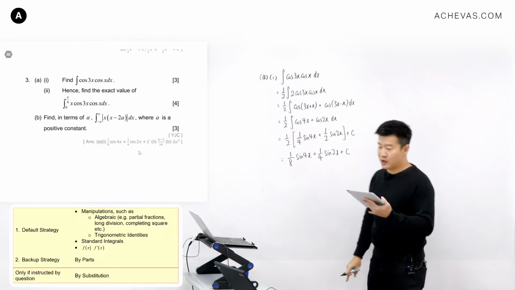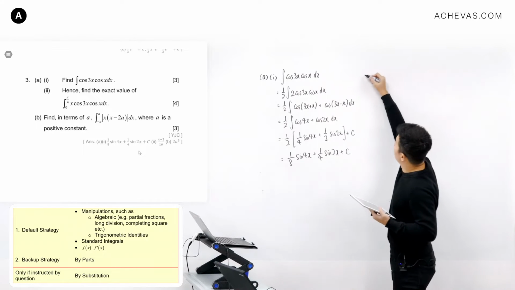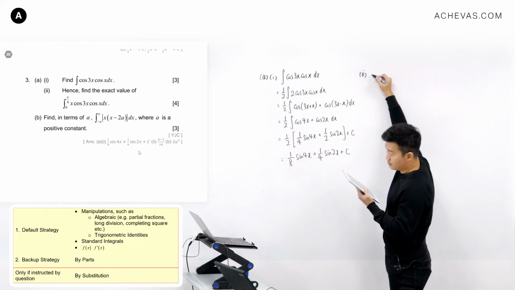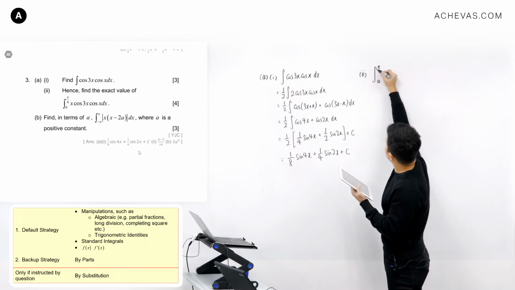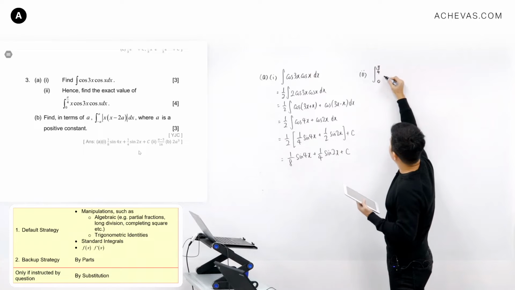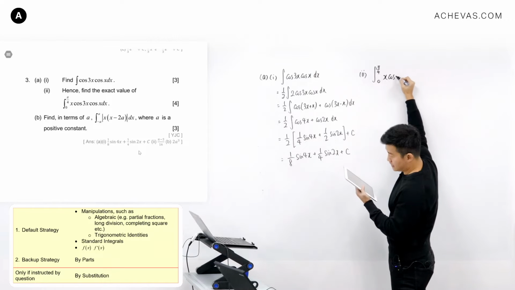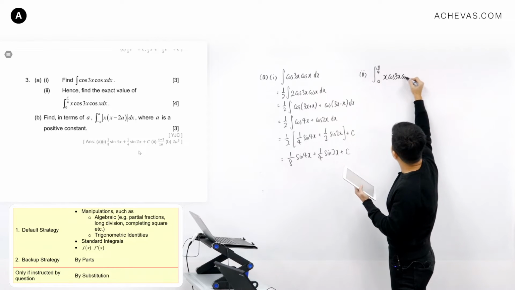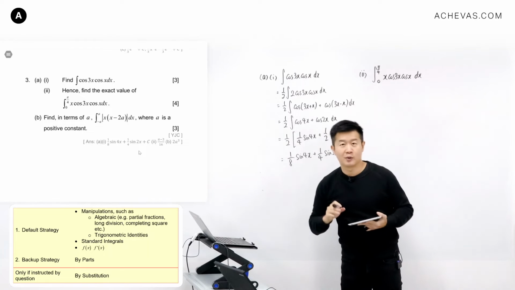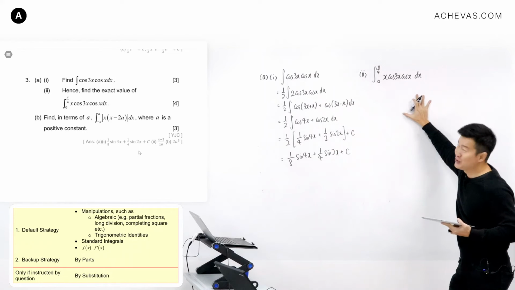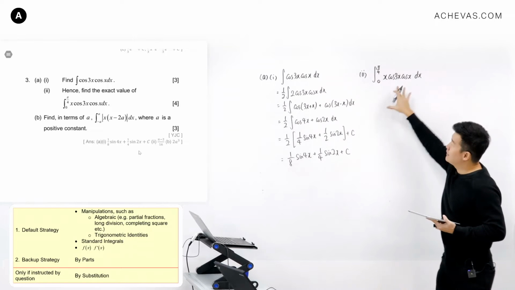I'm going to leave this here for our reference. So for part 2, we are supposed to integrate from 0 to pi over 4 of x cosine 3x cosine x dx. Hopefully I will have enough space for me to write down my solution for this. And look at this.